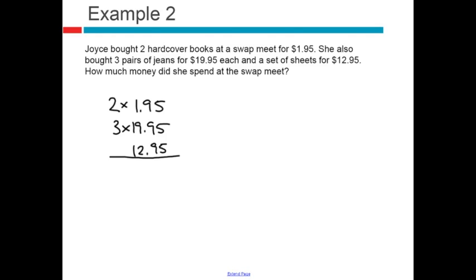So it looks like she spent about $2 for the books. Looks like she spent about $60 for the 3 pairs of jeans. That's 3 times $20. And it looks like she spent about $13 on the sheets. So it looks like approximately $75.